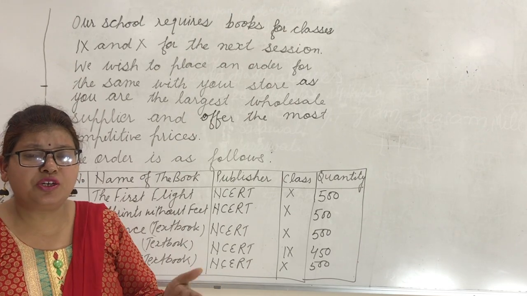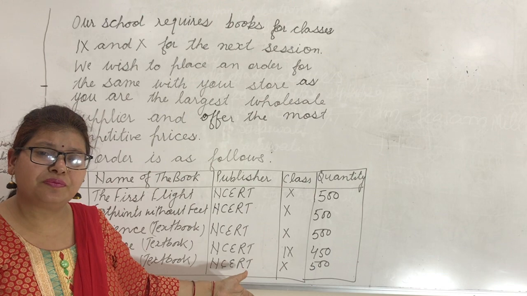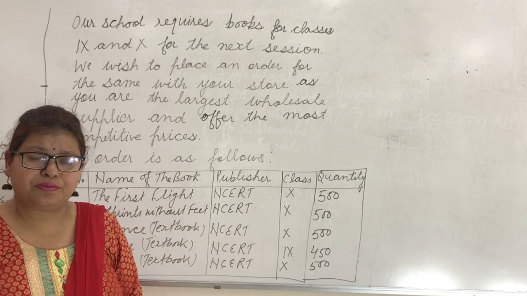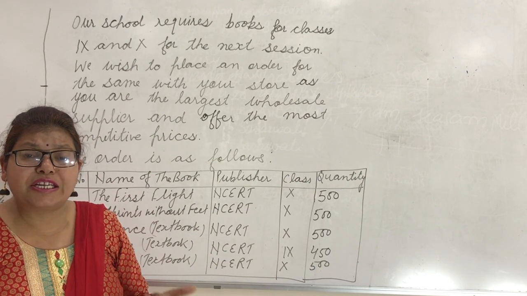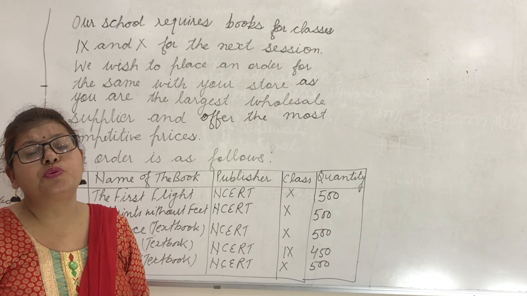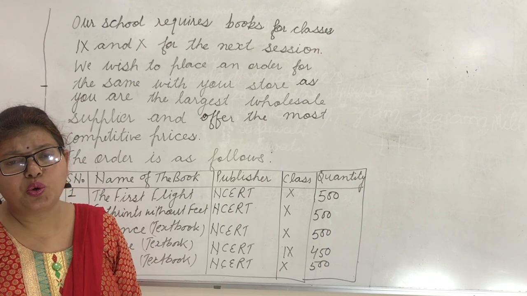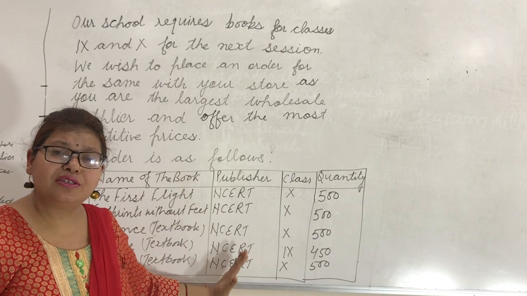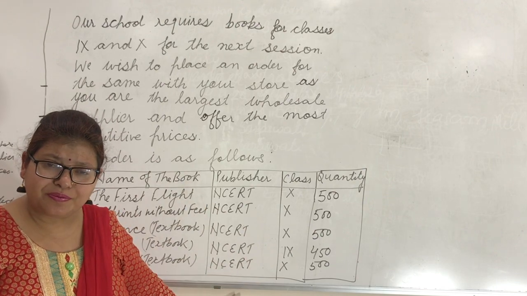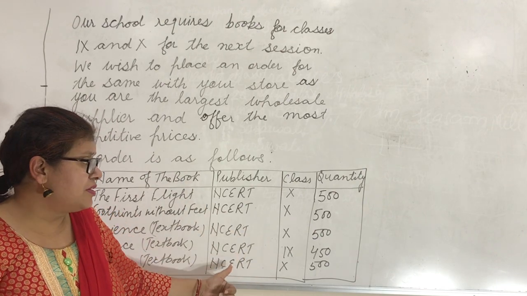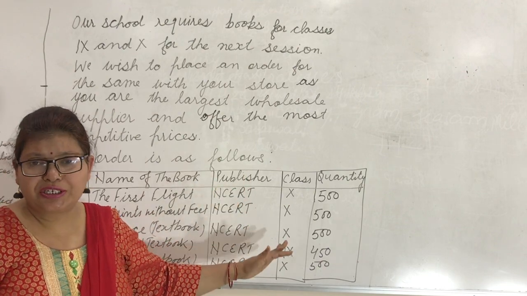So the best way is that you write NCERT. You write the names of your textbooks, because at least you know that NCERT is the publisher of those books. So write that and then class and then quantity.